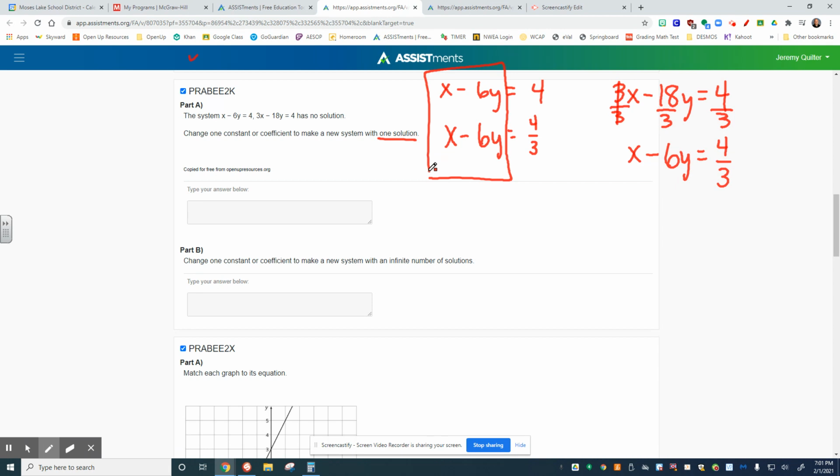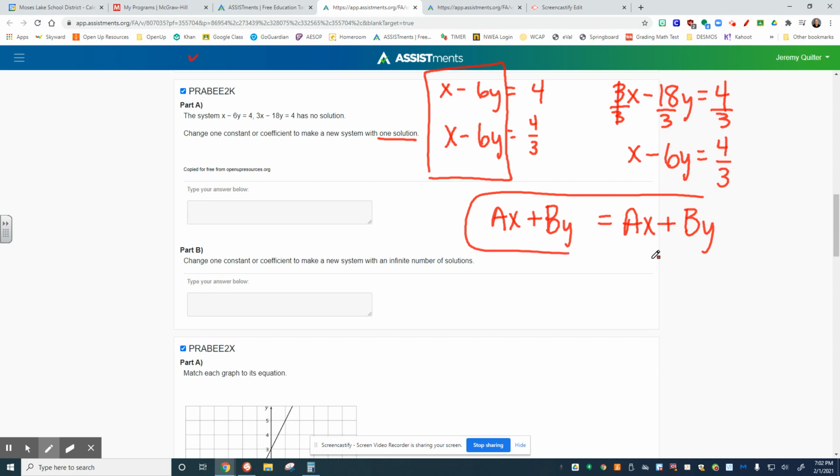While that is not the slope, it does give us an idea that my first two terms, a times x, so my first coefficient a and my coefficient b, when I see this, a times x plus b times y is equal to a times x plus b times y, this is a dead giveaway to all solutions or no solutions.